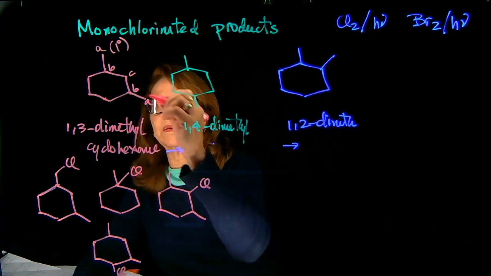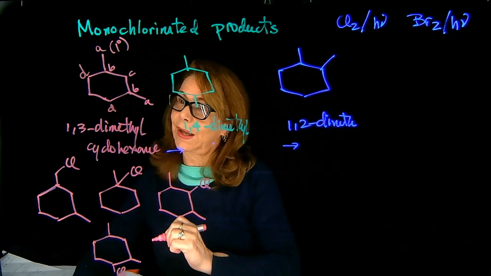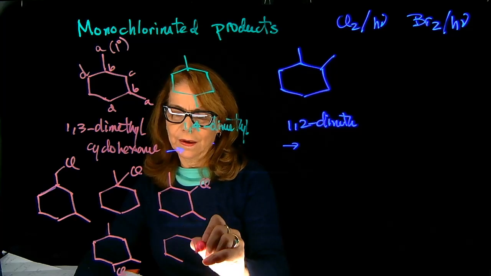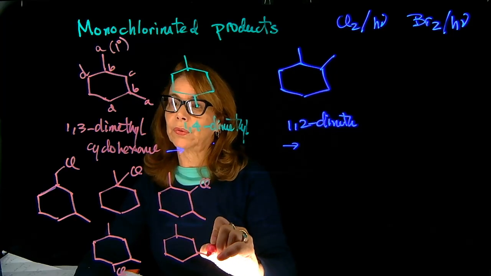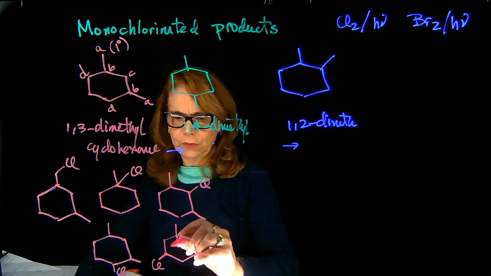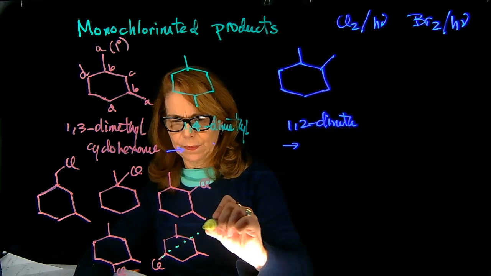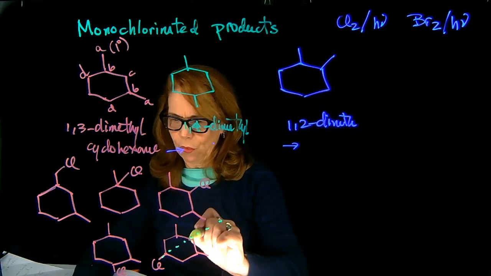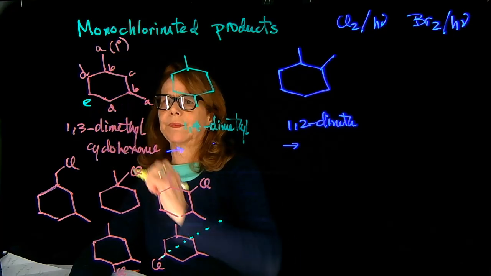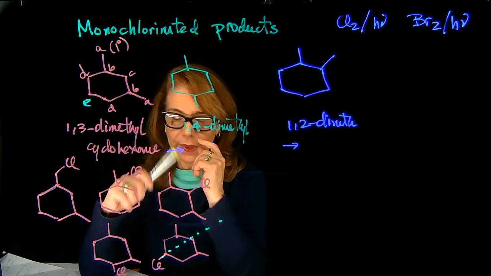But notice that this position I am going to label D, and it's actually identical to that. And yet I have another possible product, having the 2 methyls, 1, 3. But now I have this product. Notice this is different from the previous. Here, this is 1 carbon away from the methyl. This is right next to the methyl. So this is product A. So now I see we have 5 different products without stereochemistry.